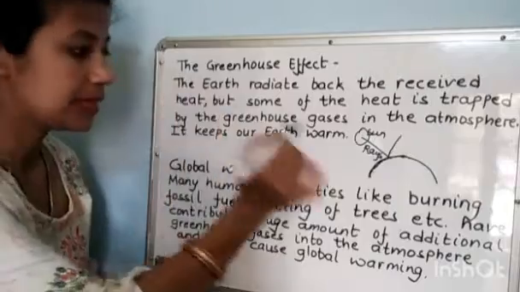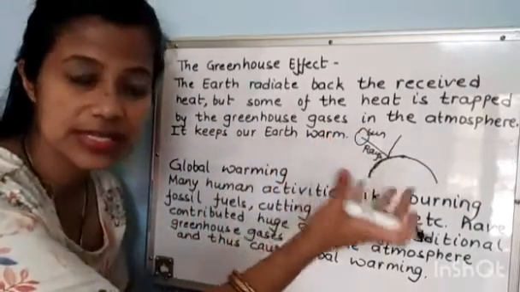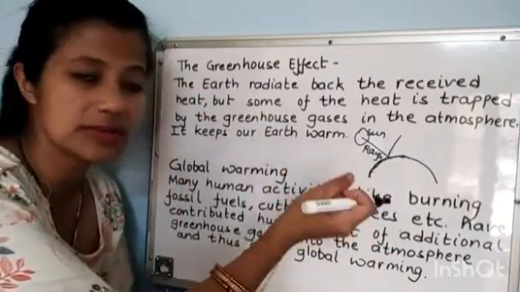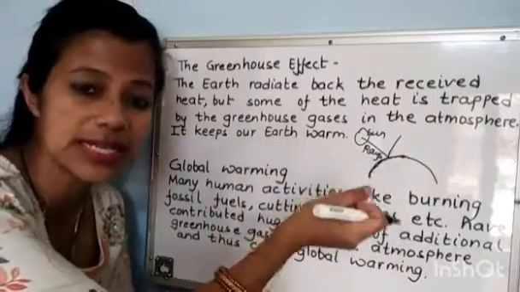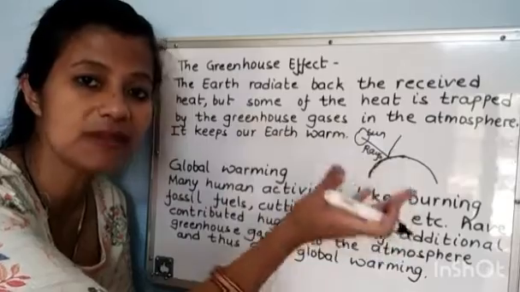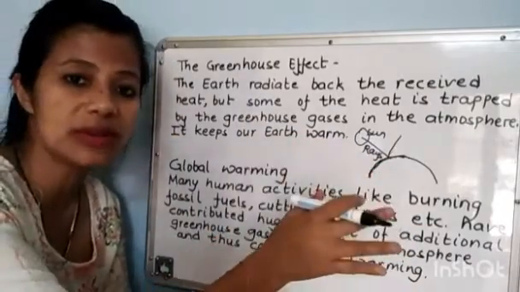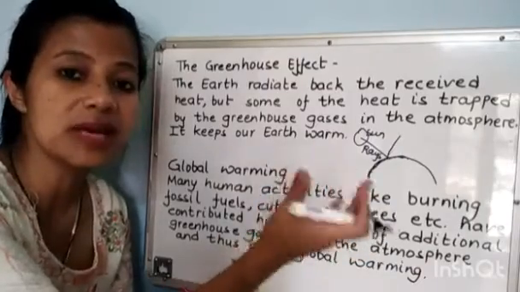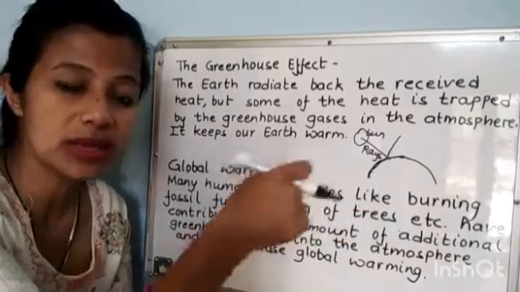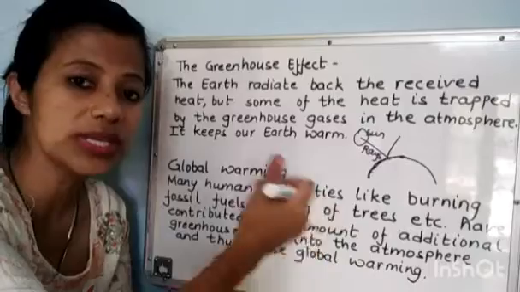Then what happens? It keeps our earth warm. This heat supports life on earth. If there were no heat, there would be no life on our earth. Some heat is needed. Greenhouse gases only do this work.